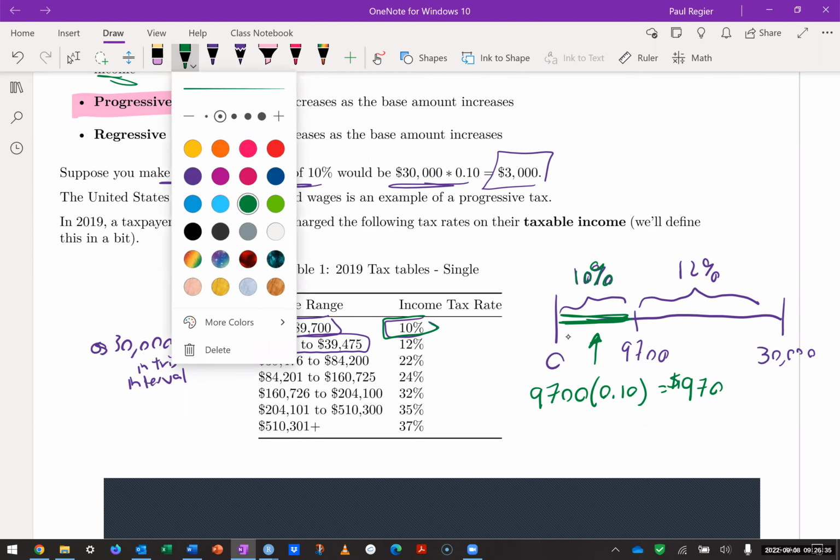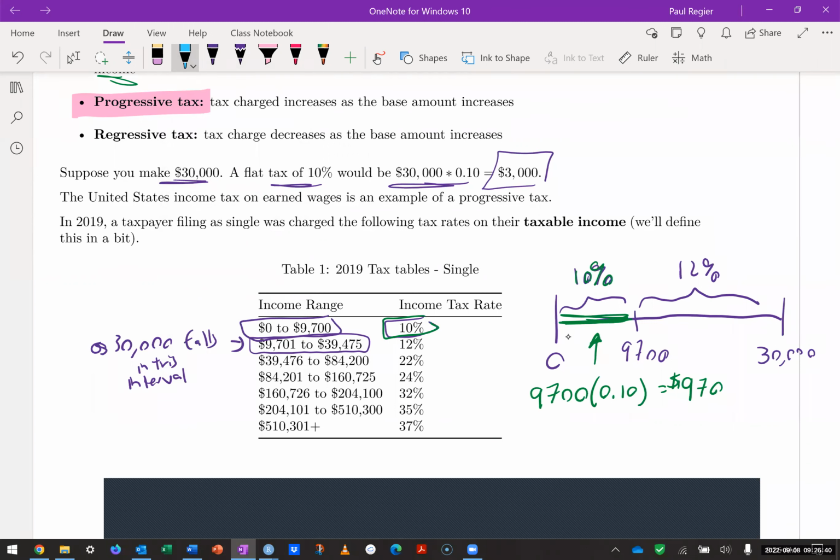I'll do the next bracket in light blue. Now the next portion of income, everything from 9,700 to 30,000, is charged 12%. So how much income is in this range? To find that, we take 30,000 minus 9,700. That's what this amount is here. I think that's going to be 21,300, the income in the second range.